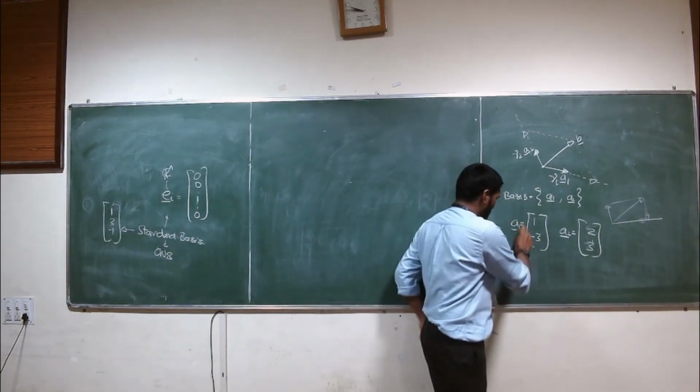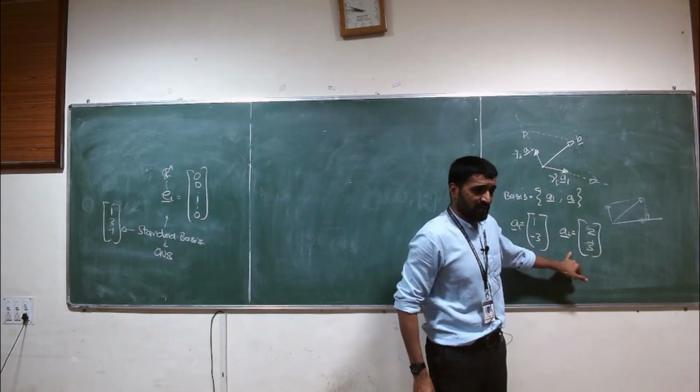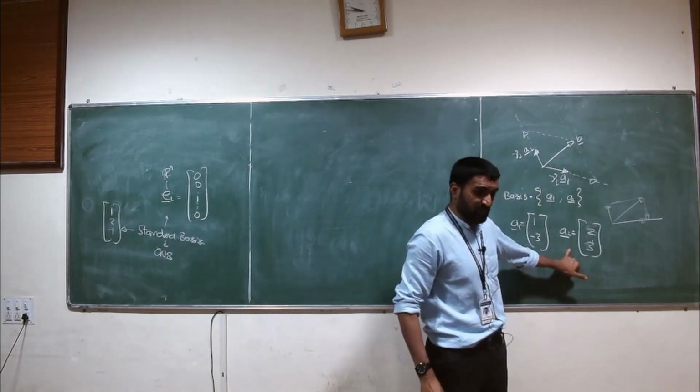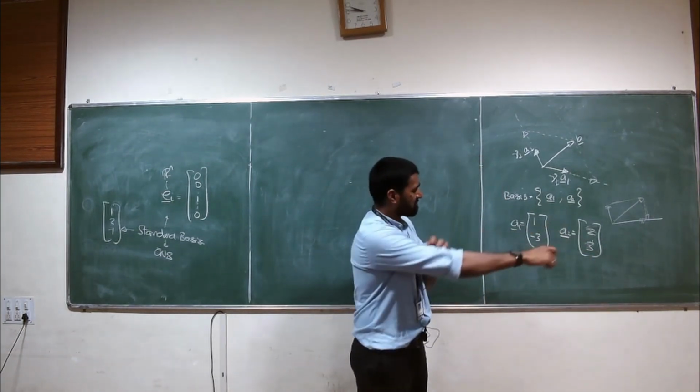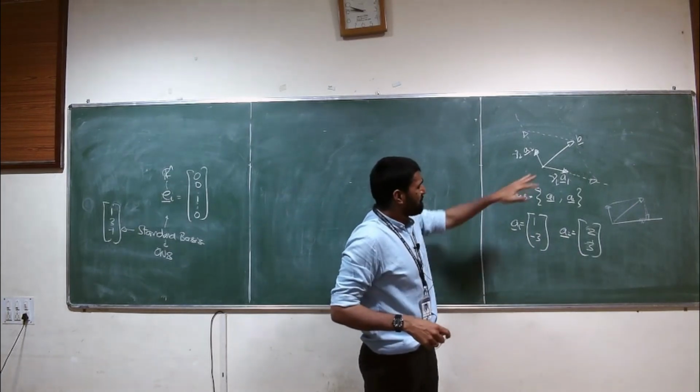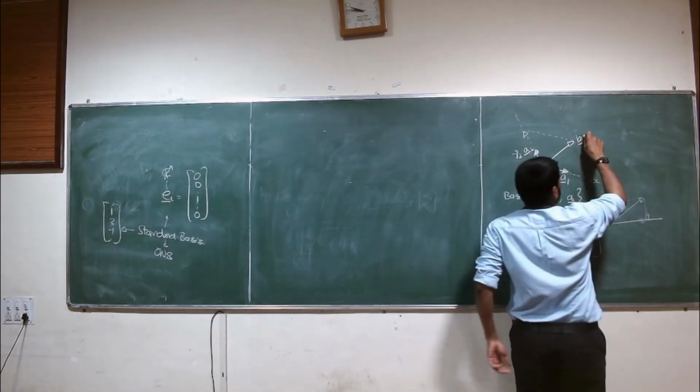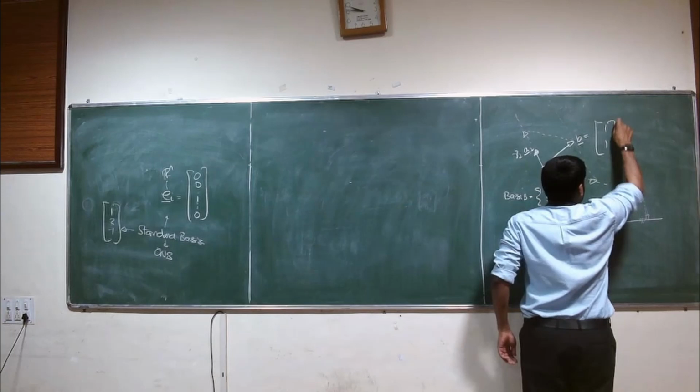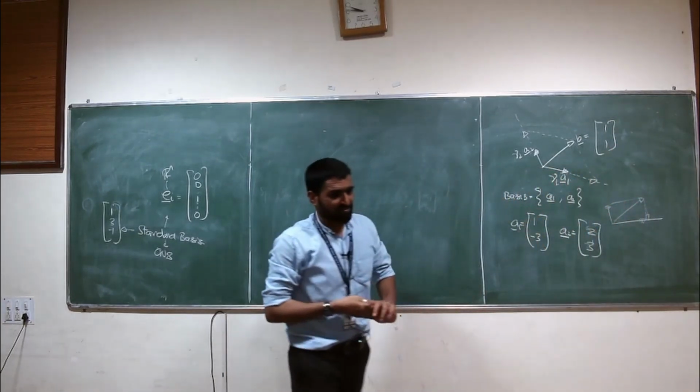A1 and A2 are some vectors represented in the standard basis. Now, let's say B has some representation as well in the standard basis.